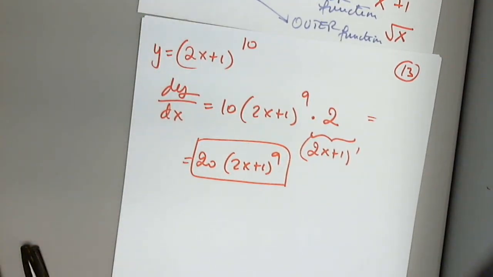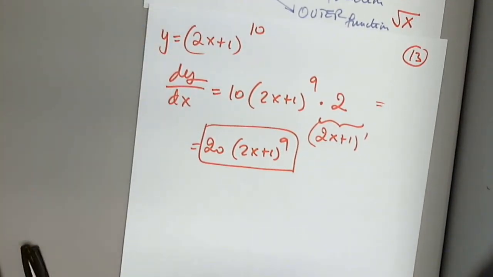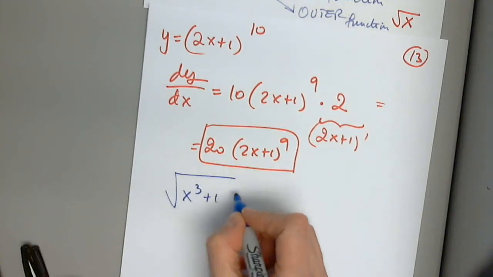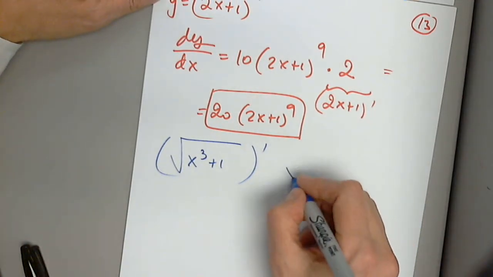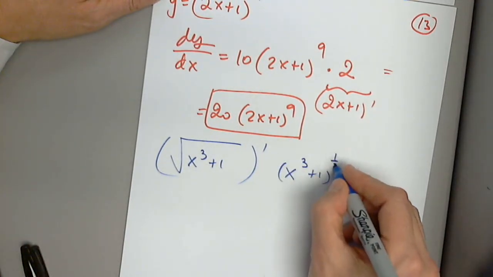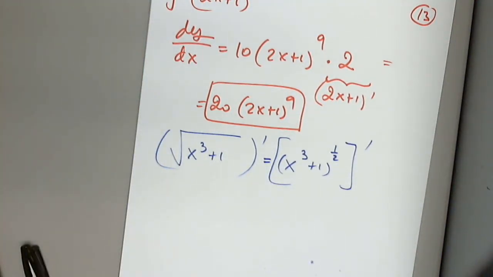Now the previous example, which is the square root of x cubed plus 1, is the same idea. Let's differentiate this. Before we differentiate it, I would like you to understand that this is nothing else but x cubed plus 1, everything raised to 1/2. Why? Because the square root is power 1/2. In the same way we differentiated that function, we have to differentiate this one.